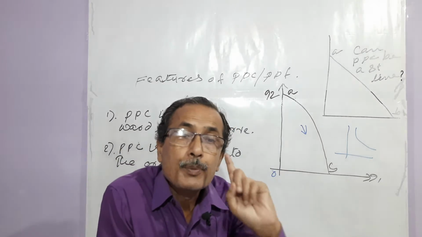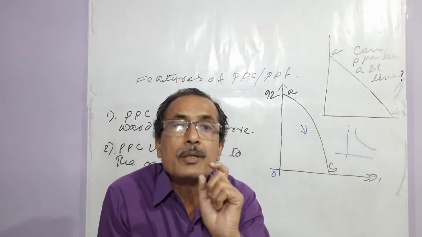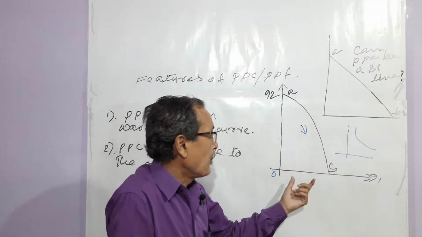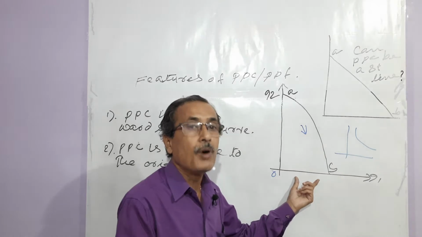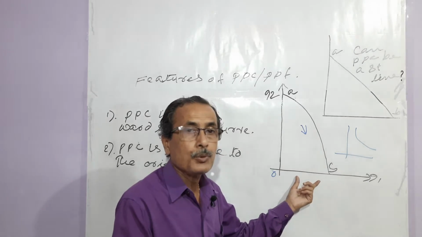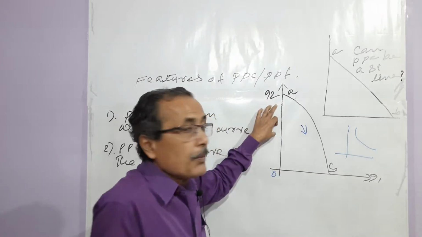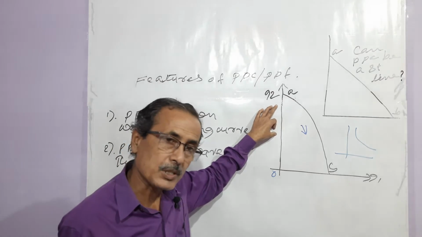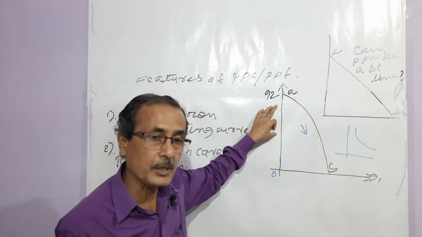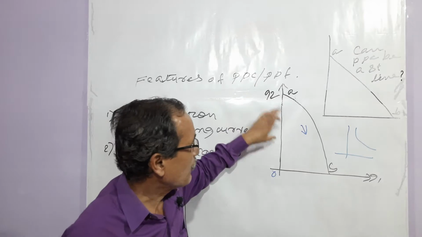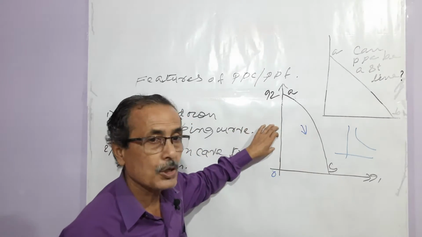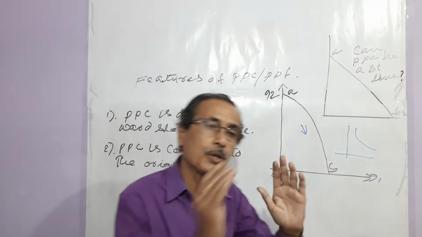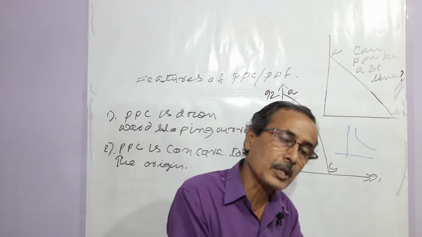Now, first, why is PPC downward sloping? The main reason is that if you want to increase the production of good 1, you have to sacrifice the production of good 2, that we have discussed earlier in the previous video. If you want to increase one, you have to decrease the other.